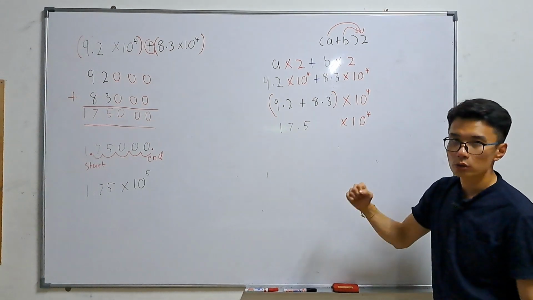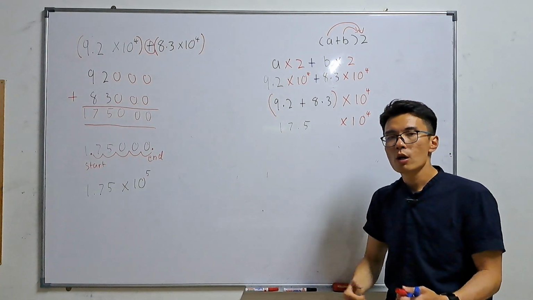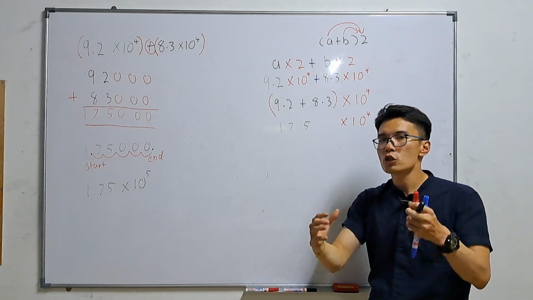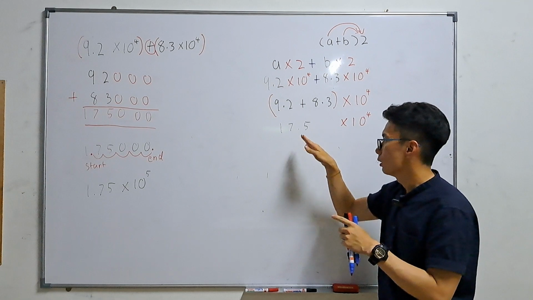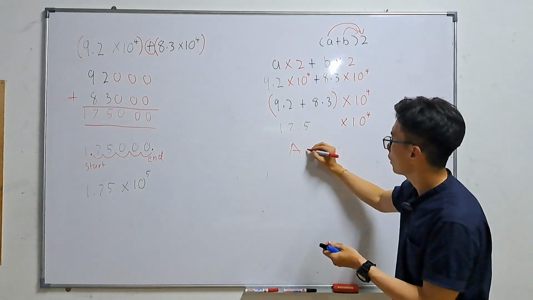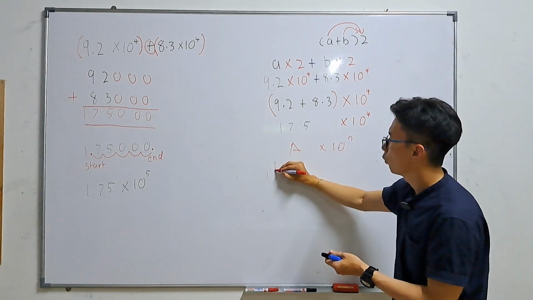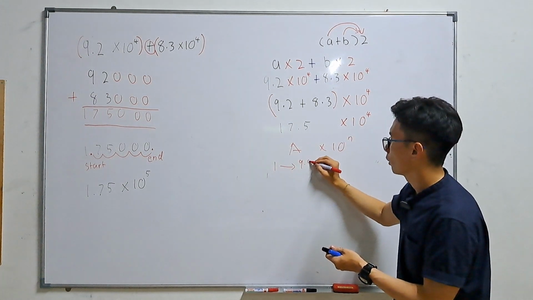It's because of this number here. This number here is 17.5, which is bigger than the range that is accepted in A. We write our standard form in this way, A times 10 to the power of n, where this A must be 1 to 9.99.